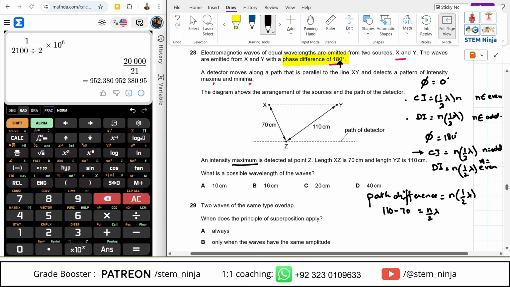So 110 minus 70 is 40, times 2, 80. So 80 divided by some n is lambda. Again, n is supposed to be an odd number, not an even number.